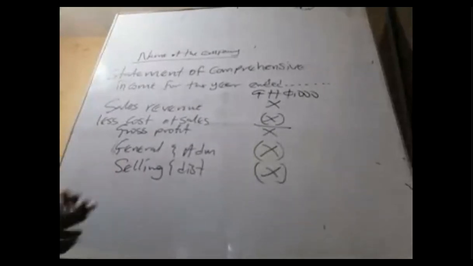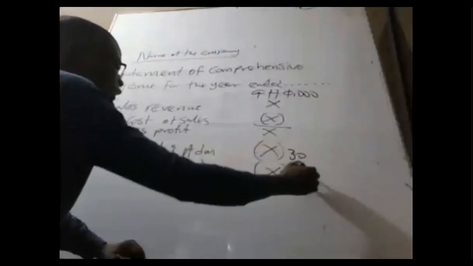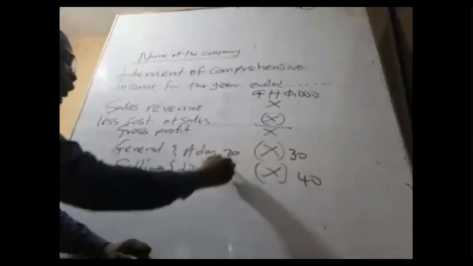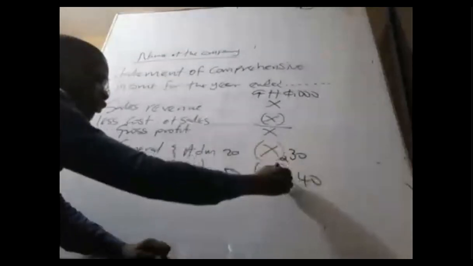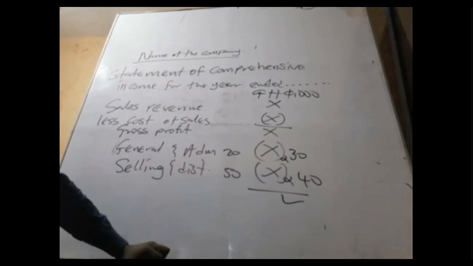Now the danger is that maybe after your grouping, you have something like 30, 40. So that means the total is what? 70. In actual fact, here must be 20, and here is what? 50, giving us still the same 70. So it normally pains me when it happens that way, that you get these answers wrong individually, but the total is correct.